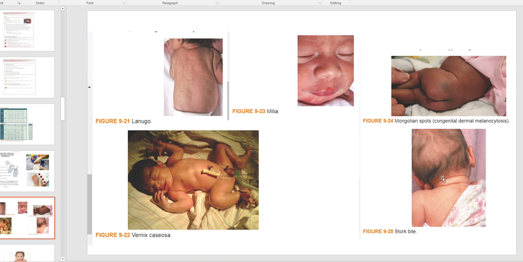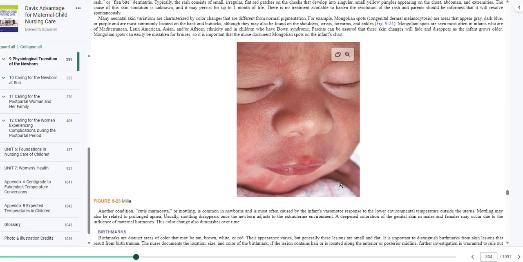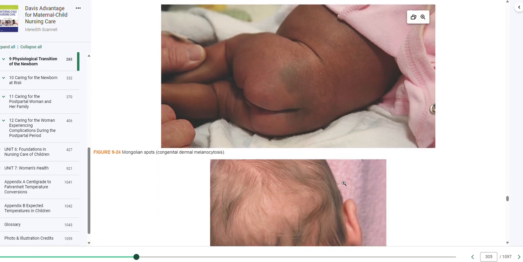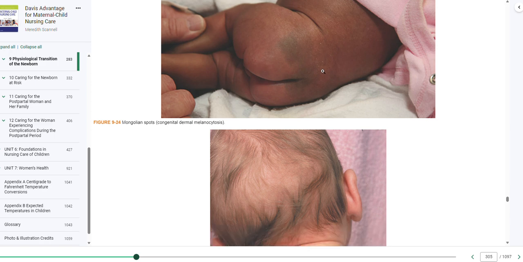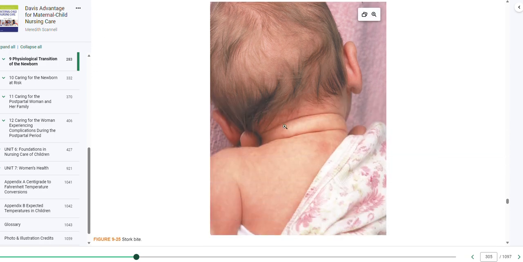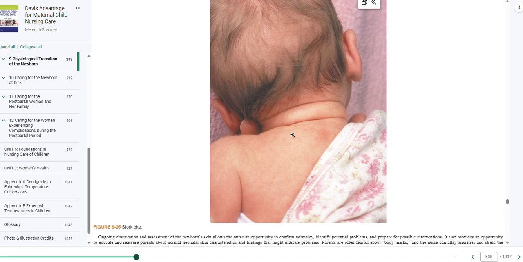This is just a little spot on the back of the neck. Sometimes it can be lower than that, but usually it's around the neck. I have one myself, and it's normal. It will not fade. Some of the Mongolian spots will fade, but the stork bites usually do not fade. Okay.